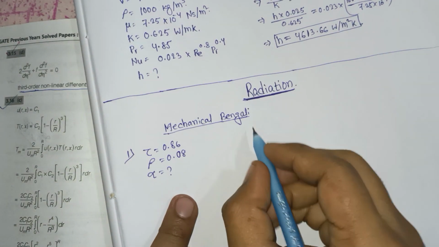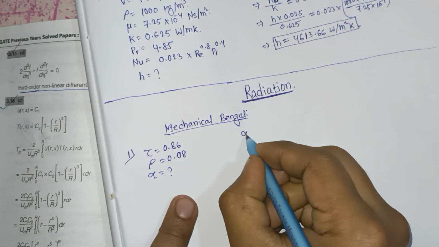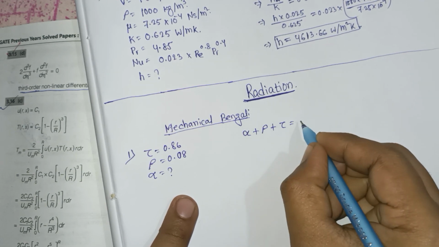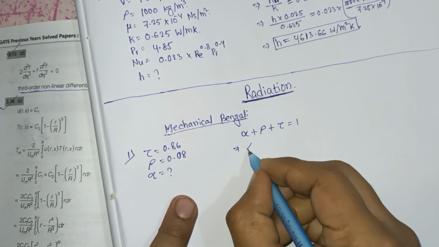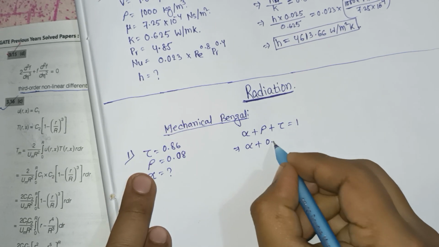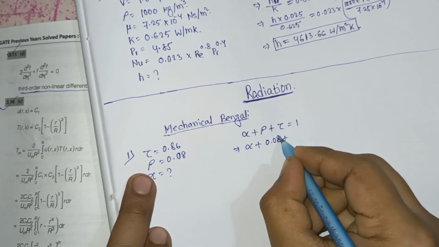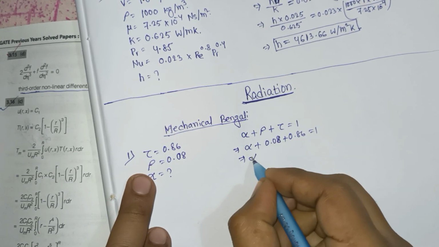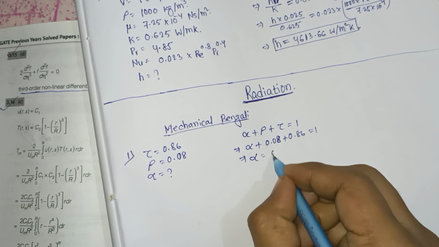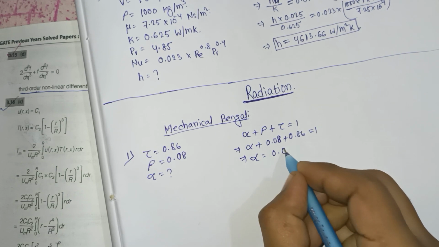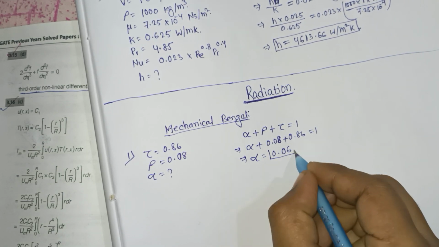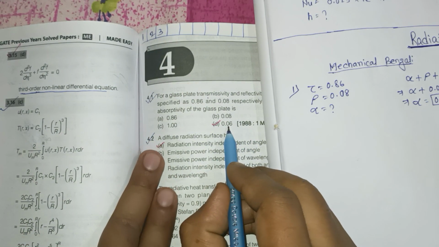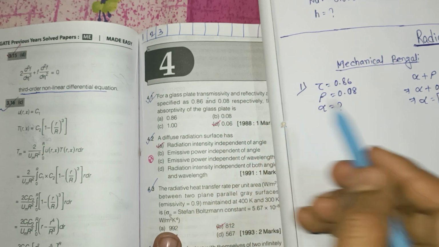The formula is absorptivity plus reflectivity plus transmissivity equals 1. So alpha plus rho plus tau, that is alpha plus 0.08 plus 0.86, equals 1. From here, alpha is equal to 0.06. So this is the correct answer, option D, 0.06.